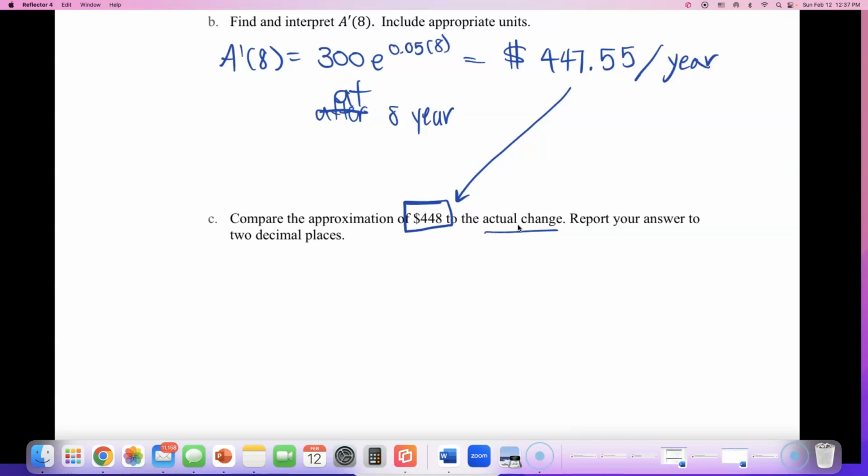Let me think. So what is the account balance after 8 years? And what is the account balance after 9 years? I'm planning on finding the balance after 8 years, the balance after 9 years, and I'm going to subtract to see how much money grew, okay?